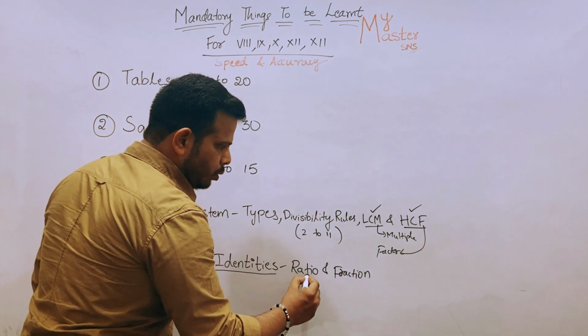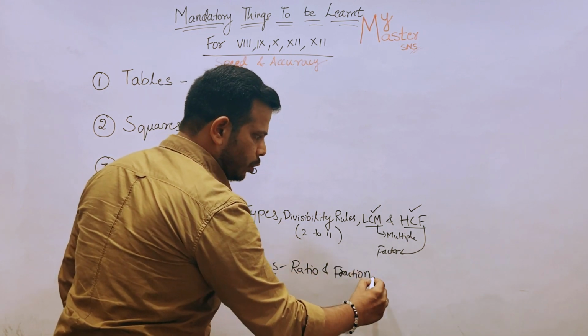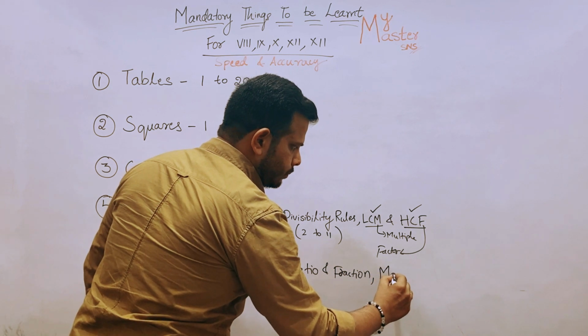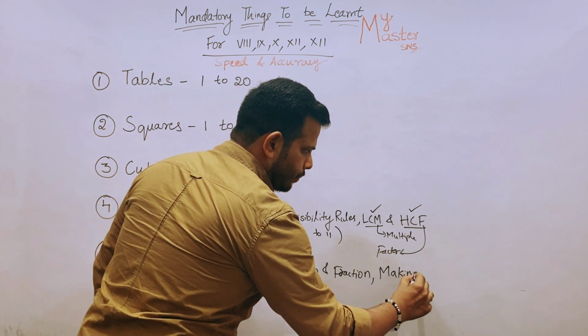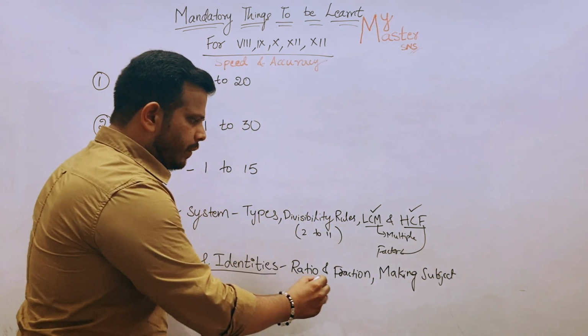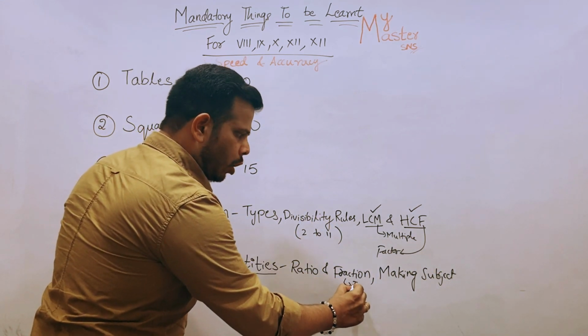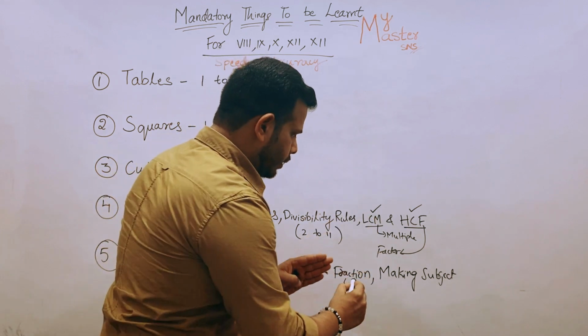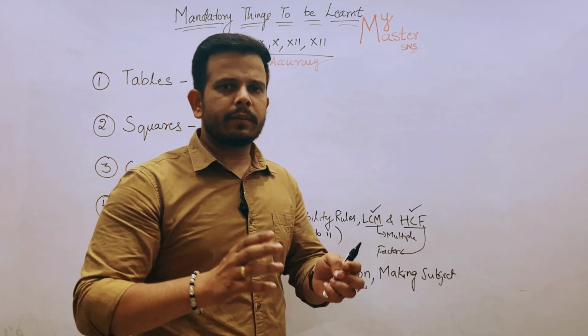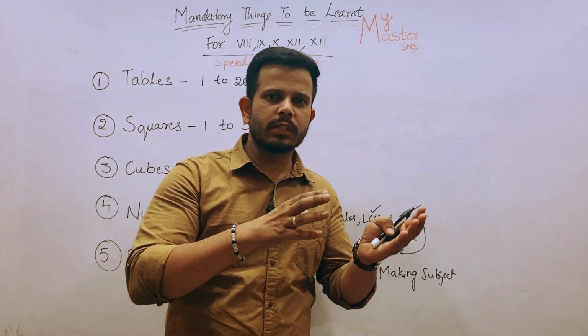So the difference between ratios and fractions you will be learning, and making subject. In fractions we will also be discussing the complete concept, like types of fractions, mixed fraction, improper, proper, what are like fractions, what are unlike fractions.